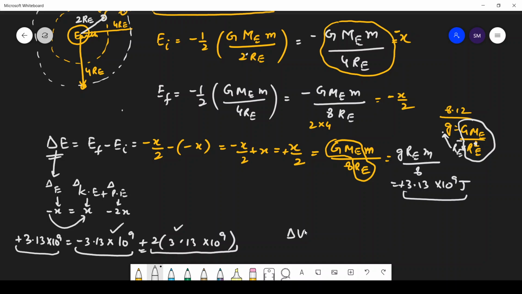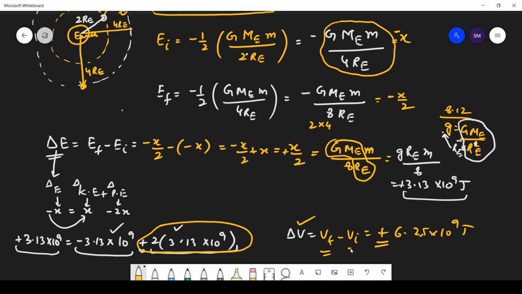So the change in V, Vf minus Vi, is equal to plus 6.25 into 10 to the power. So correct this sign in your book, students. Potential energy is definitely increased, the final is more, so how can it be negative? So that's positive, and you have understood with this reasoning also. So that's all for today.